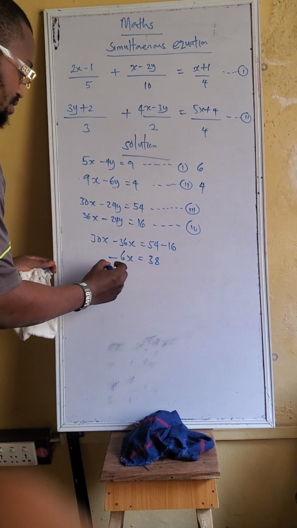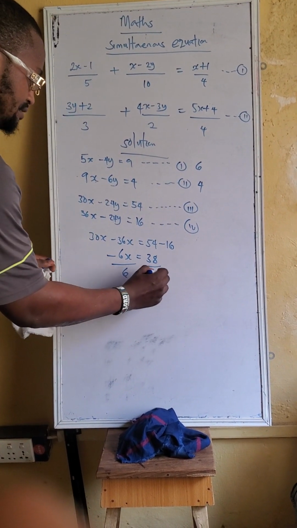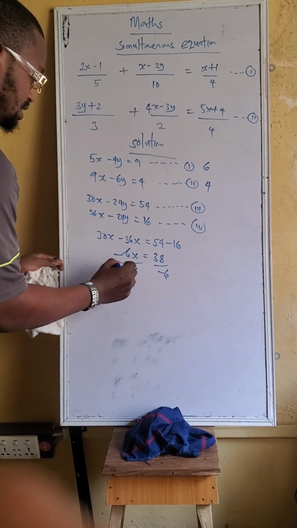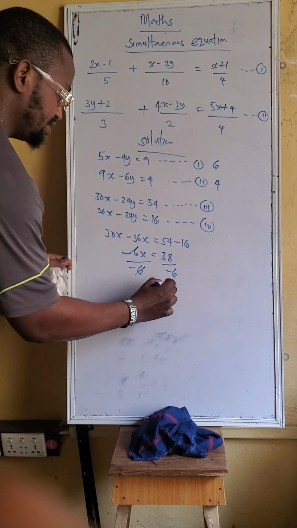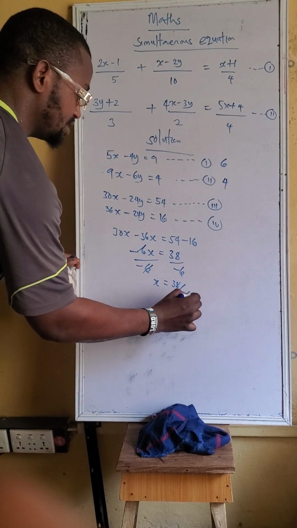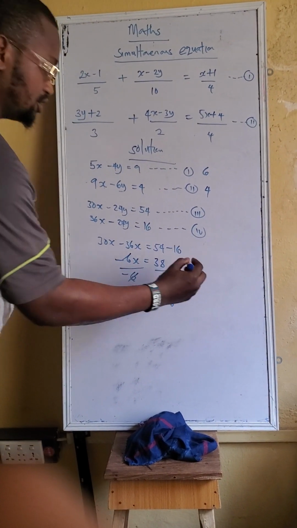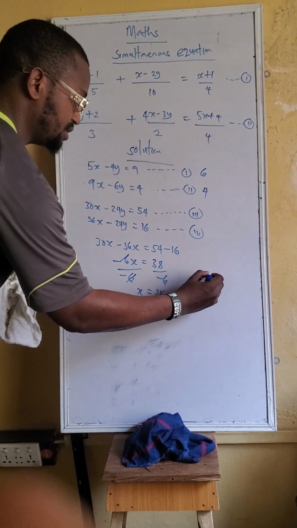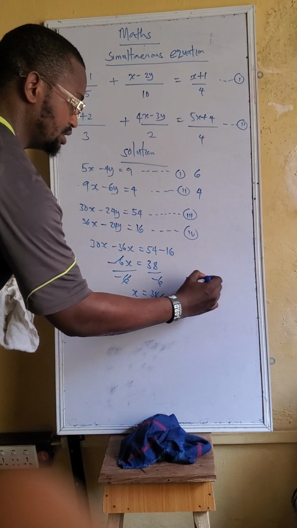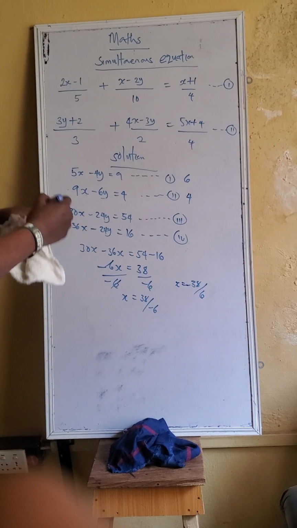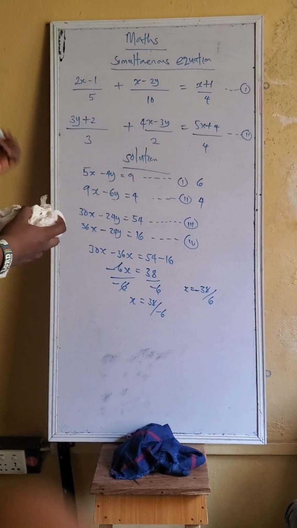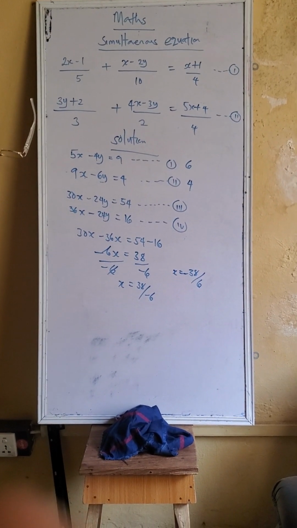Now by the time you divide both sides by minus 6, x is going to be 38 divided by minus 6. So our x is going to be what? Minus 38 over 6. Am I correct?